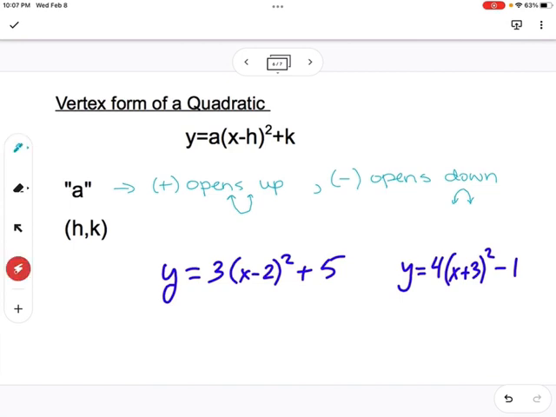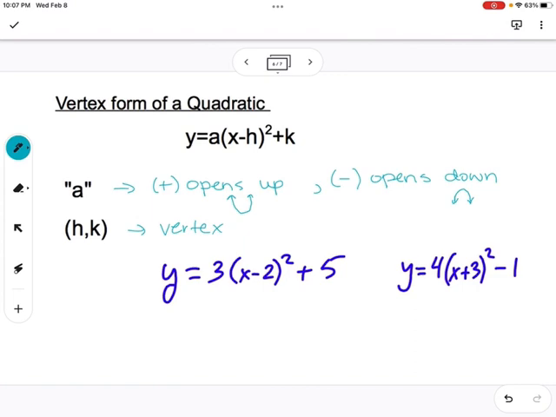Now, in the equation, we have h and we have k. What we need to notice here is that there is a negative before the h. So pay close attention with this here. We have our h and our k, and this gives us the vertex of the parabola.